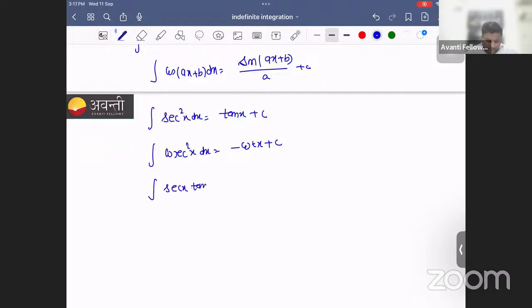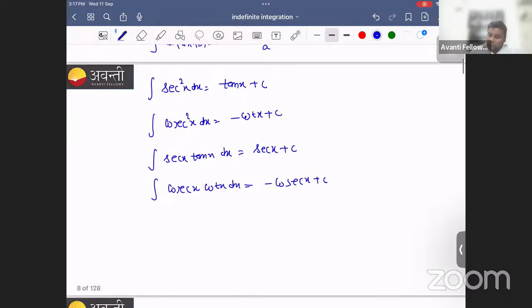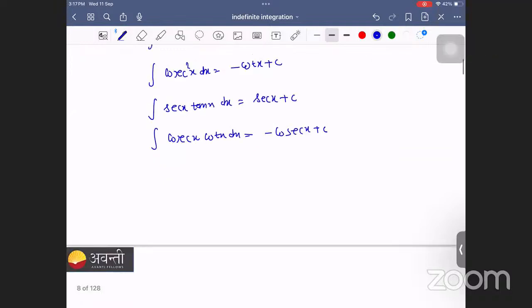Integration of sec x tan x dx is sec x plus constant. And integration of cosec x cot x dx is minus of cosec x plus constant. So these are all the basic formulas, I would say, which have been directly derived from derivative formulas. Got it? Now we'll do a few questions over it, then move forward.